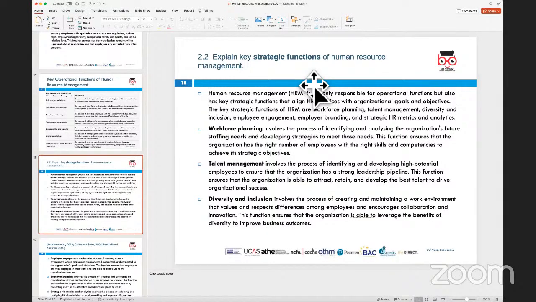Now, if I give an example of workforce planning. If the organization, let's take the example of UK Versity, has, say, X number of employees, but there is a long-term plan to increase the headcount from, say, 35 to 50 people. If this headcount has to be increased from 35 to 50 people, what HR would do in this case is plan for how and when this headcount would be increased.